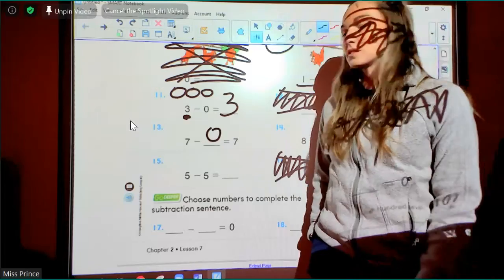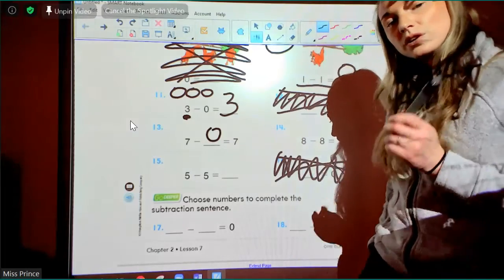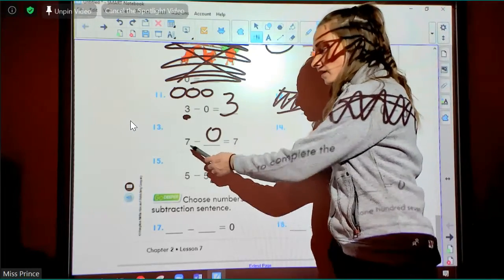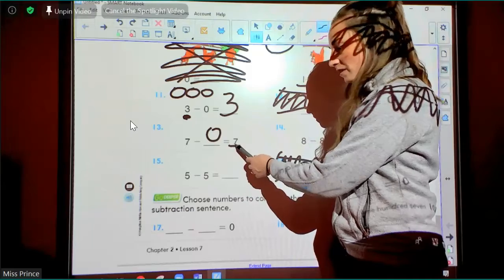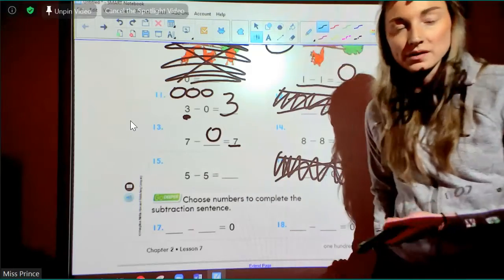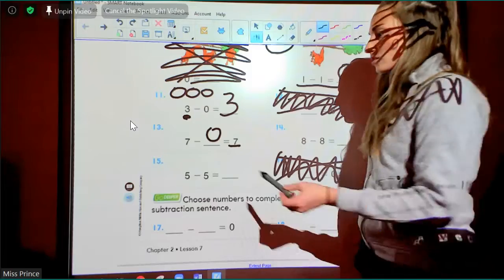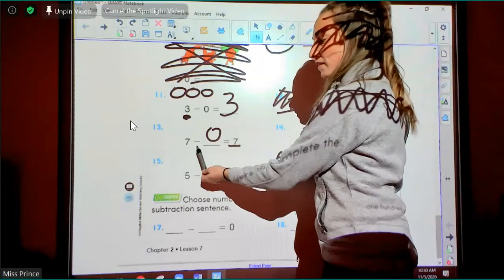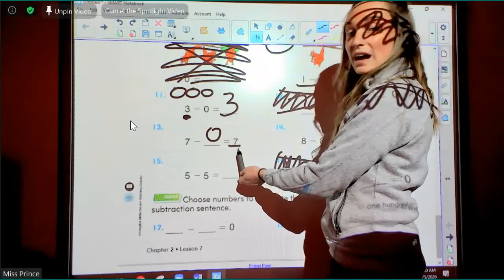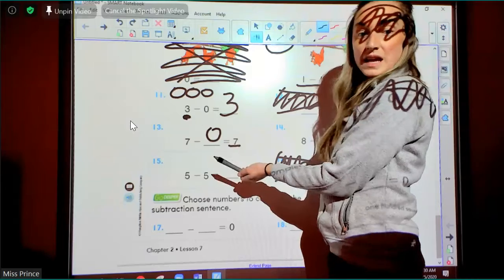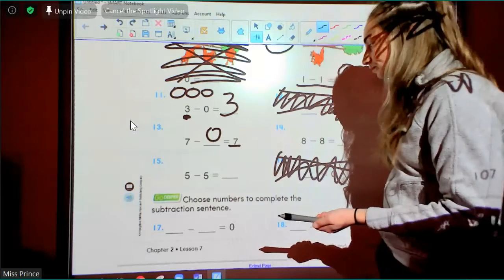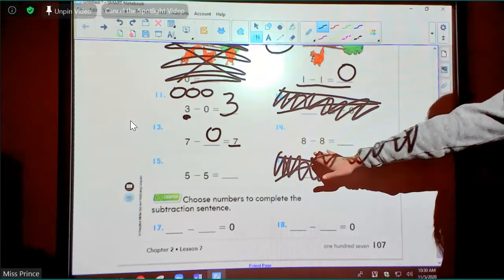That's true. So, Xander, I'm going to help you out. Did you know to put a 0 here because when we had our leftover, we saw that our leftover was the same number that we started with? Yeah. So if we have 7 and we take away 0, we should have 7 left over still because we didn't take anything away. Nice job.